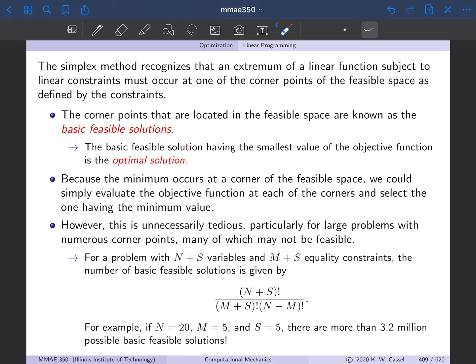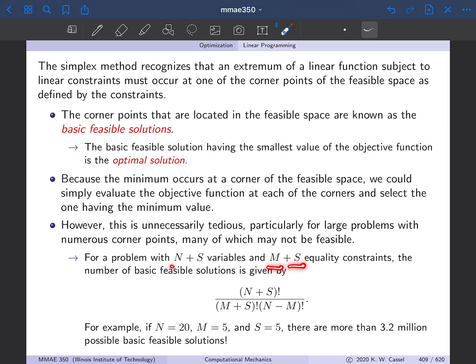The problem is, in that example, we only had two possible basic feasible solutions, but these can get very large very quickly. As an example, suppose you had n plus s variables, where n is the original number of design variables and s is the number of slack variables that we introduced, and m plus s equality constraints, where m is the original number of equality constraints and we now have s additional equality constraints converted from inequality constraints using slack variables.